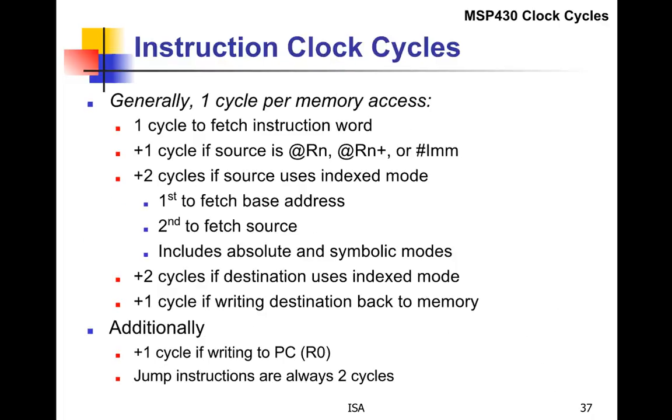Okay, so instruction clock cycles. How many clock cycles does it take to execute an instruction? That's what we're looking at here. Generally it's 1 cycle per memory access.